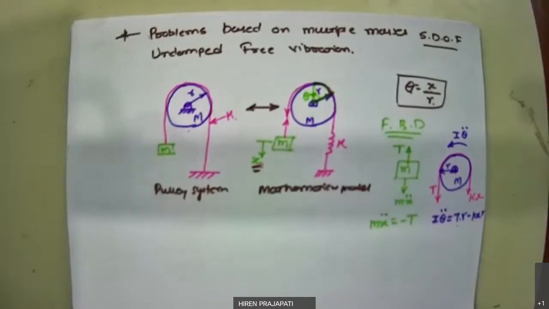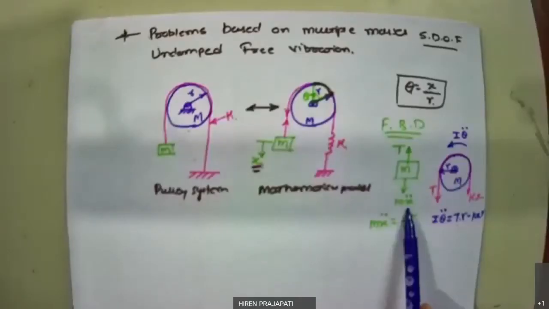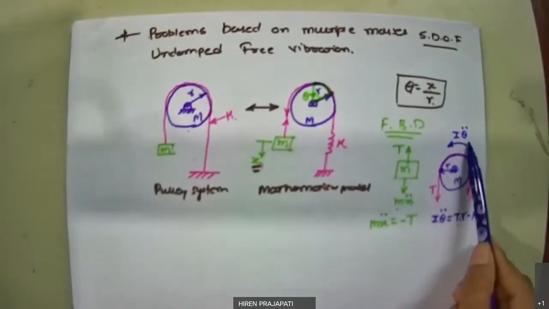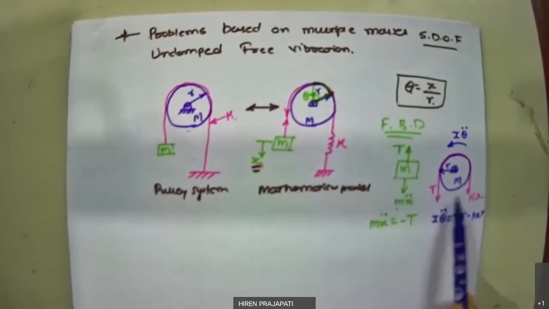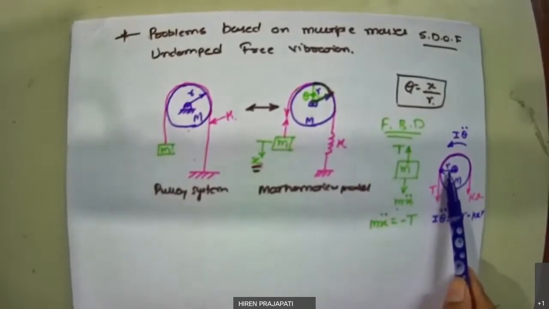If you look here, this inertial torque is represented by I theta double dot, because it's a rotating system, and the same is represented by mx double dot, because it's a linear system. So m is replaced by I, x is replaced by theta. So similarly, force is replaced by torque. So here we need to consider torque. That's why T is the force, then T into R, that is the torque.